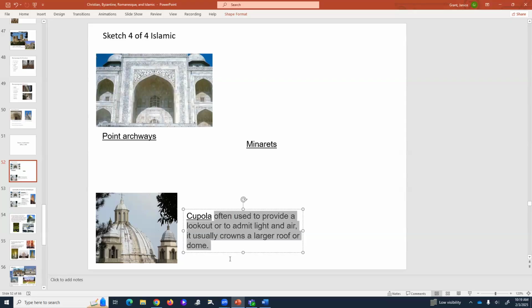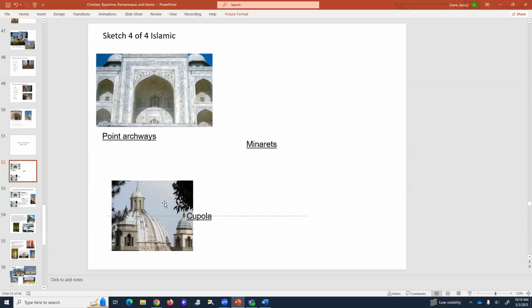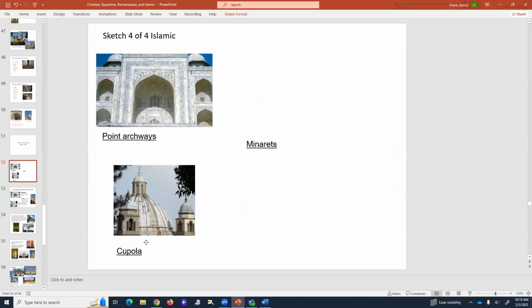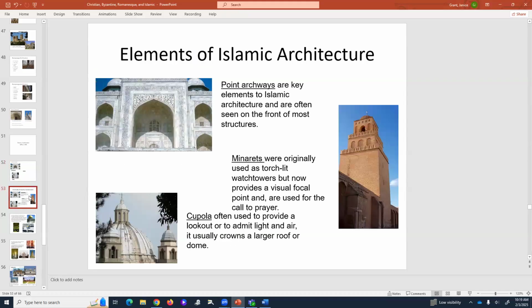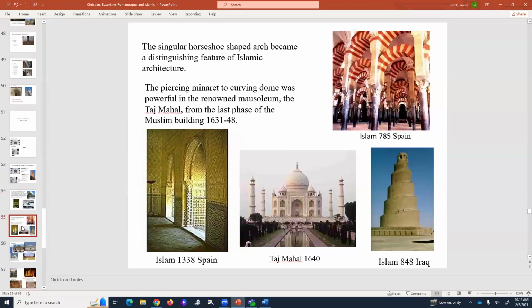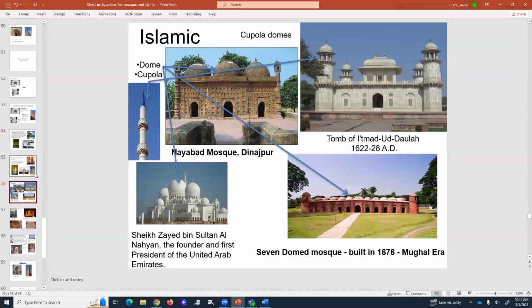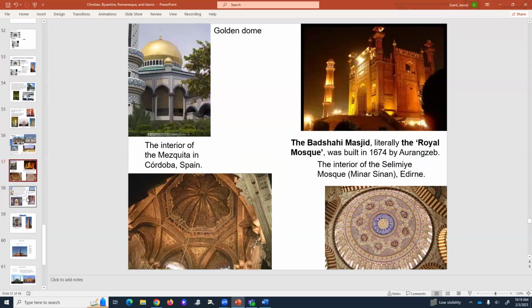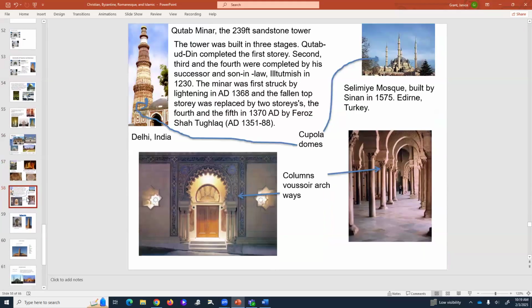But we do have this cupola here, which is only this top part. And we'll see the different pictures of it as we move forward. I know you guys are wanting to get started with the sketches, so I'll move forward through some of this to find good examples of those.